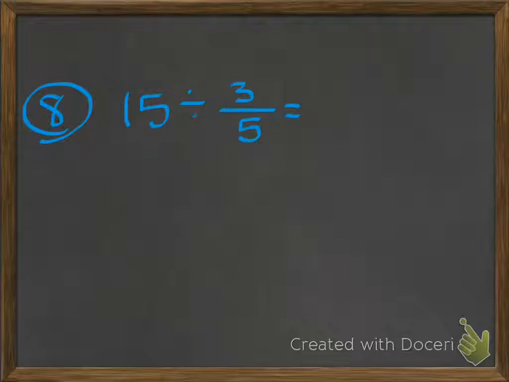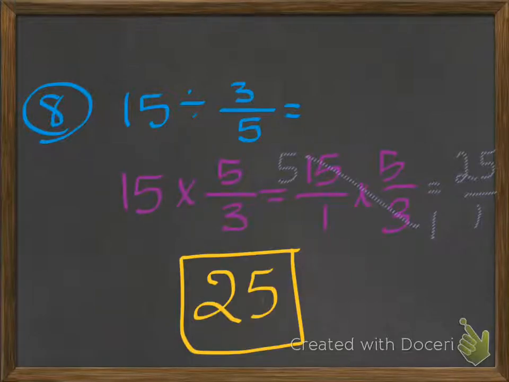Number 8, 15 divided by 3/5. Okay, so I took 15 divided by 3/5. I changed the division to its inverse operation, multiplication. I took 3/5, flipped those numbers around to find the inverse, and changed that to 5/3.